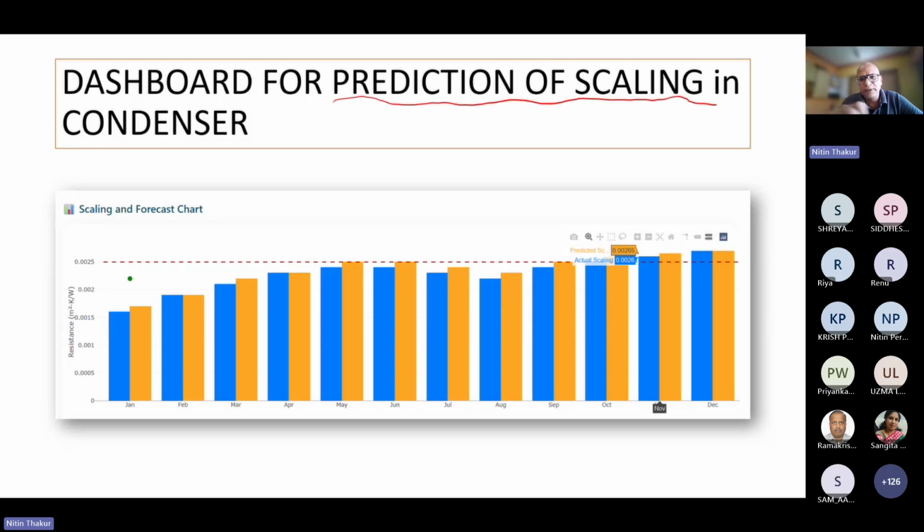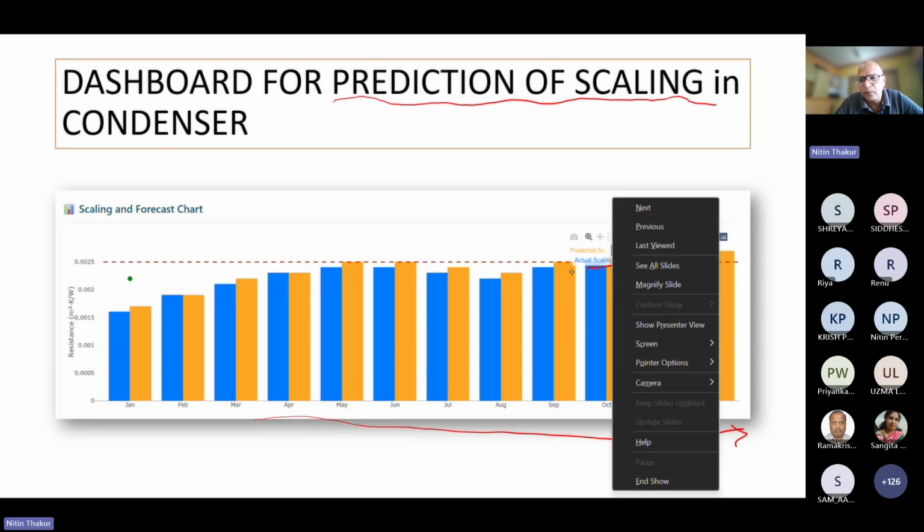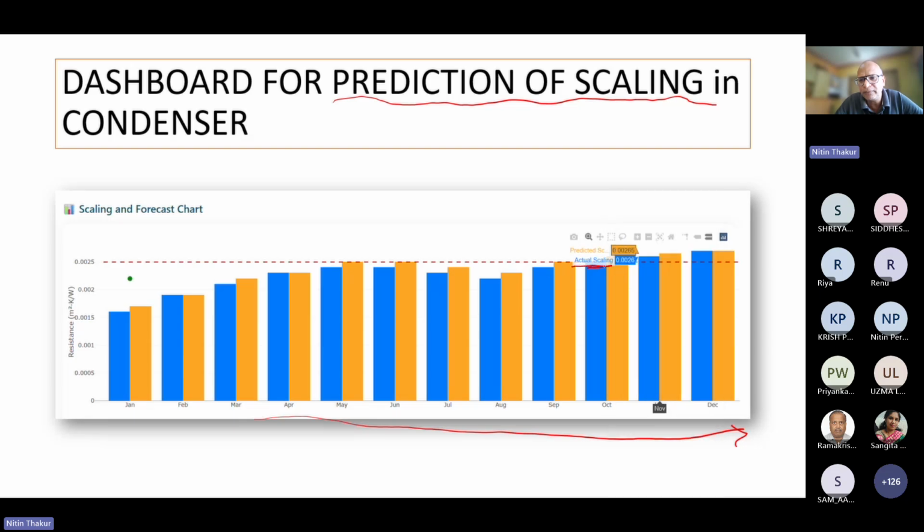I will come to the prediction part later, but this is more in context of the resistance or RF, whatever the percentage of scaling in different months, how that was going on. So we were actually able to monitor it and get the actual scaling, whatever is going on.